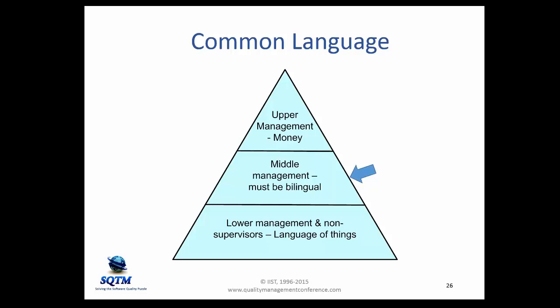But they also must be able to talk the language of upper management, which is money. And you always got to remember that the root of all of this is money. In any organization, money is the root. You have to keep that in mind when you're thinking of the measures and what you're looking at.